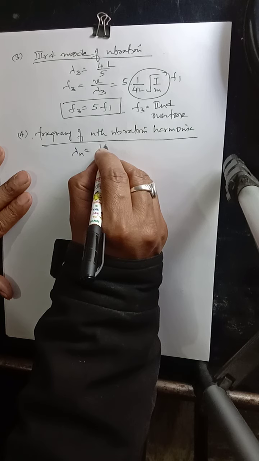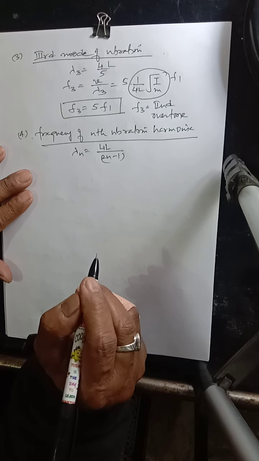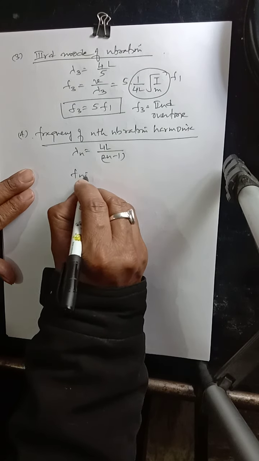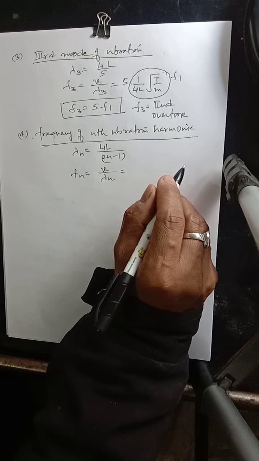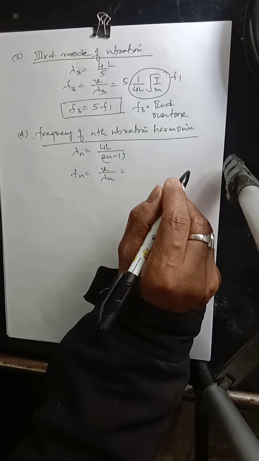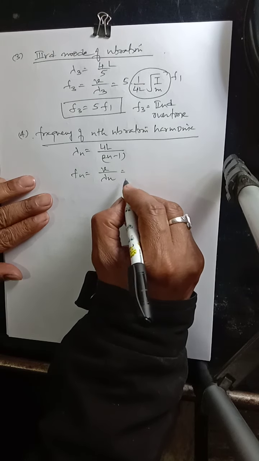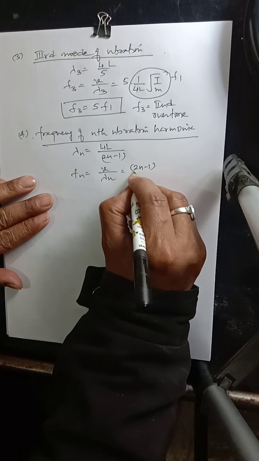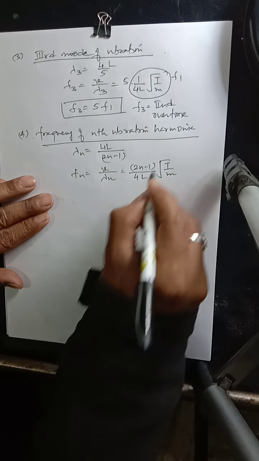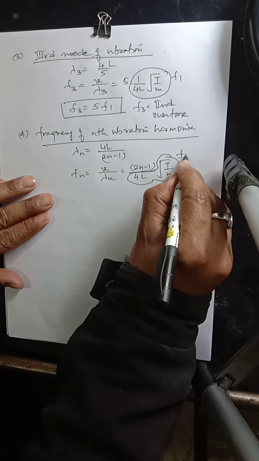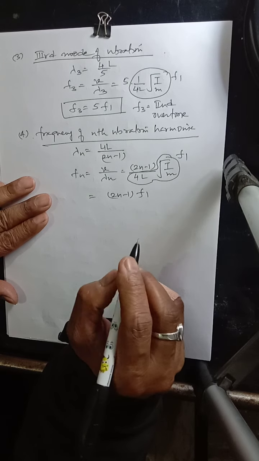Lambda n is equal to 4L upon (2n minus 1). fn is equal to V upon lambda n, V is equal to root of T by M, that becomes (2n minus 1) upon 4L root of T by M. Again it becomes f1, so it becomes (2n minus 1) times f1.